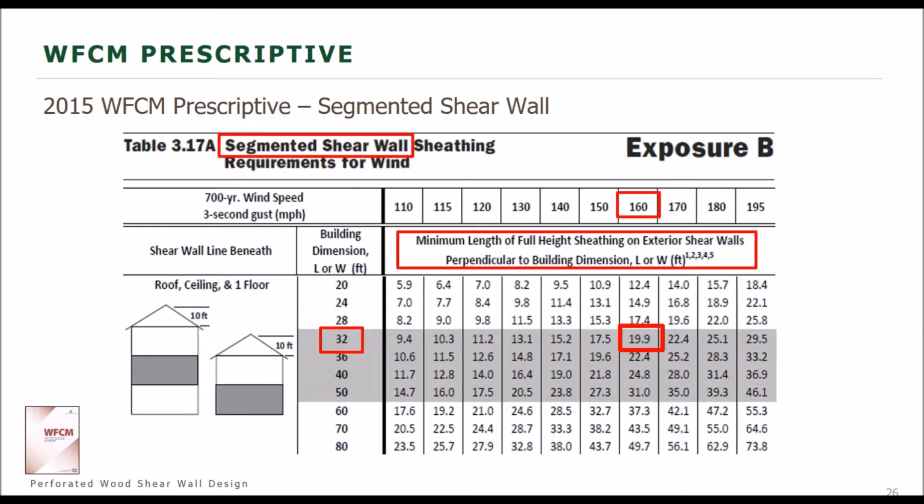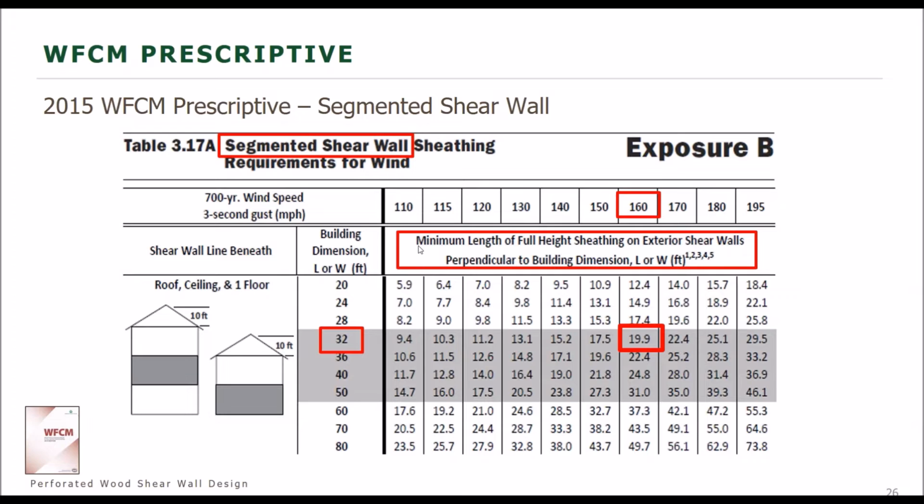I know I said that we're doing a perforated shear wall design, but the way the WFCM is set up is that we first need to go into our segmented shear wall sheathing requirements table and start there. So we go into table 317A, and you'll see this table does seem a little confusing at first, but we're going to talk through it. We're in the 160 mile/hour column here.